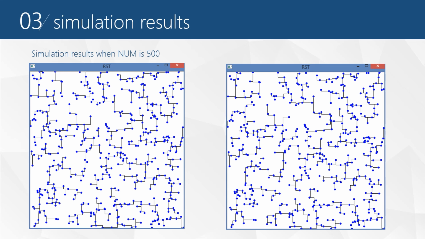The total path length of LMRST is 8,480. And the total path length of ZMRST is 8,432, which is not a big difference.